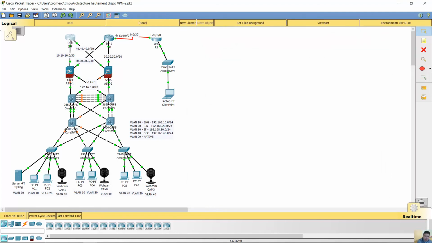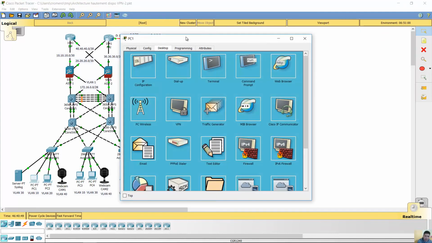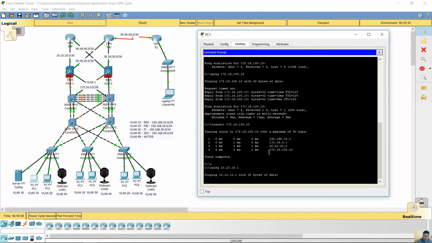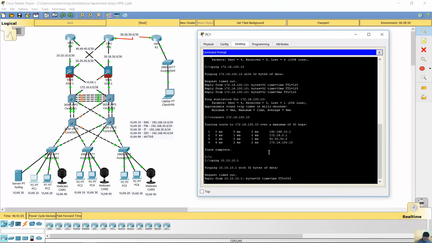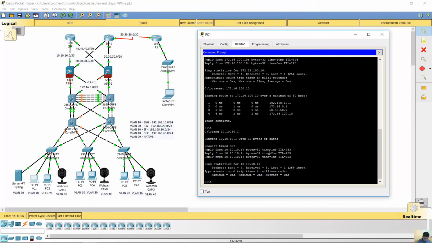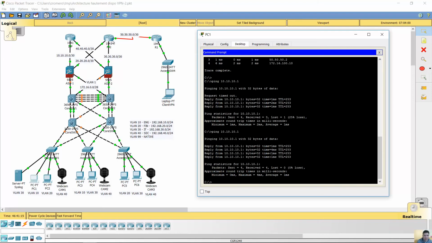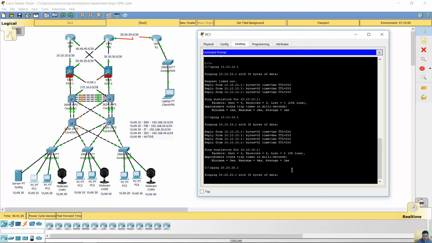Okay, this is the ISP, and you can test from this PC and ping to the ISP. Okay, it's successful. And ping to FAI.